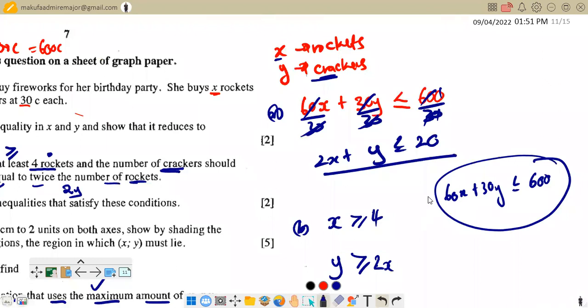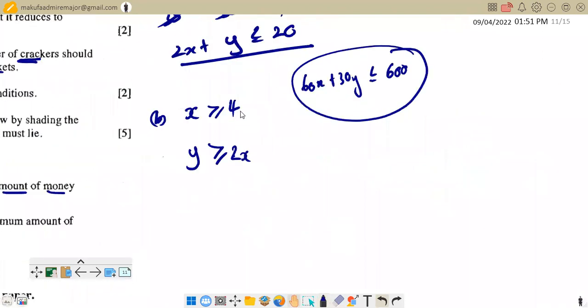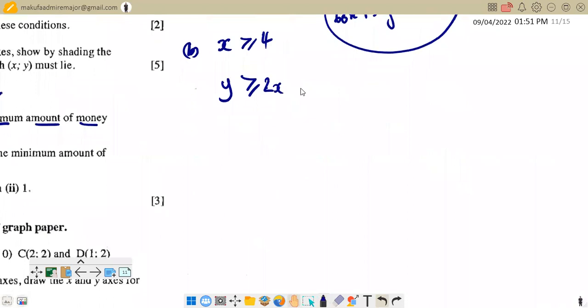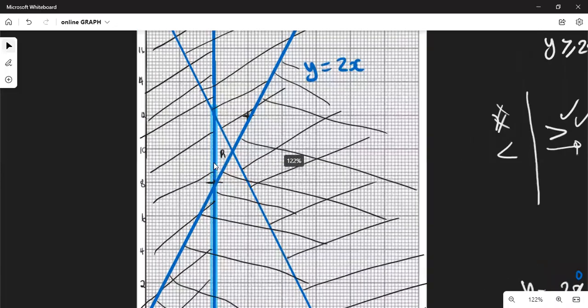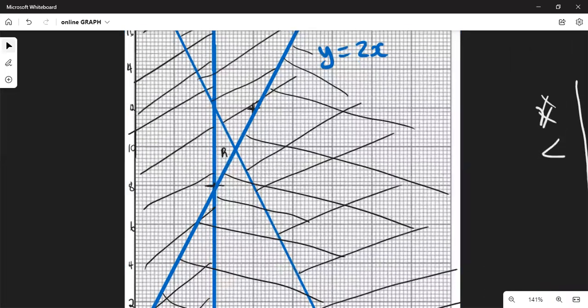Now, which combinations are we going to take? That is from our graph. So we have to go back to our graph and take the combinations from that graph, okay? Which combinations are we going to have at the end? Points inside or on the graph, these are continuous lines.